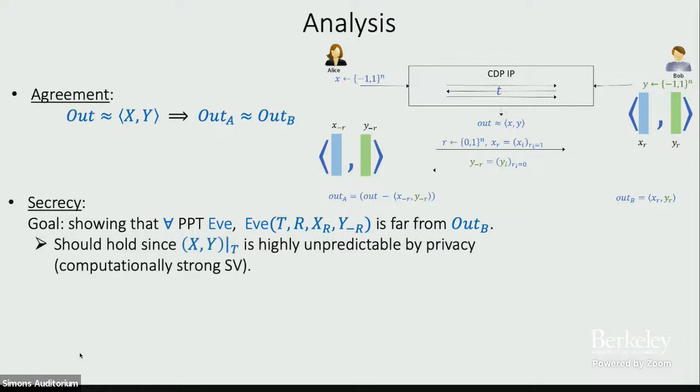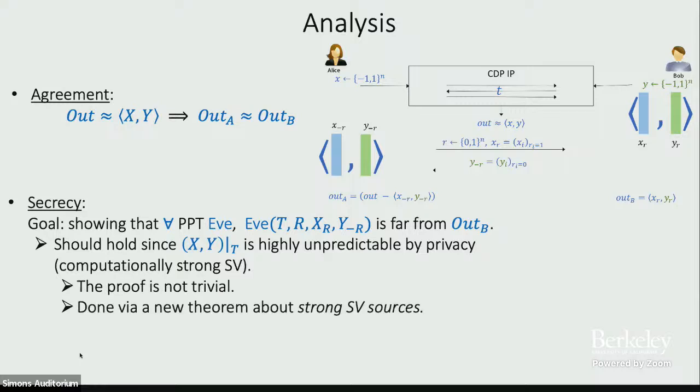The intuition is that since Eve doesn't know y_R, and y_R is very unpredictable given the whole transcript of this protocol, the inner product of x_R and y_R should be random, or close to random, or have high entropy. But the proof is not trivial, and it uses a new theorem about strong Santha-Vazirani sources.